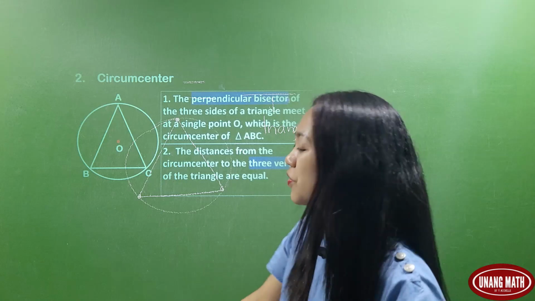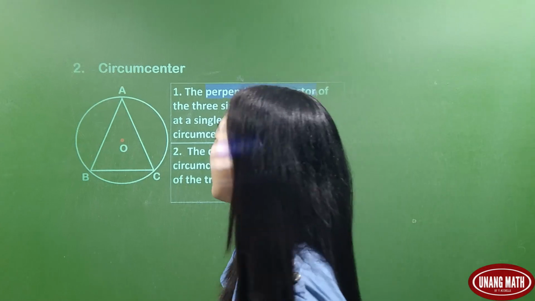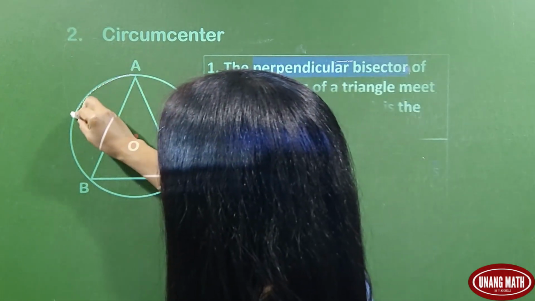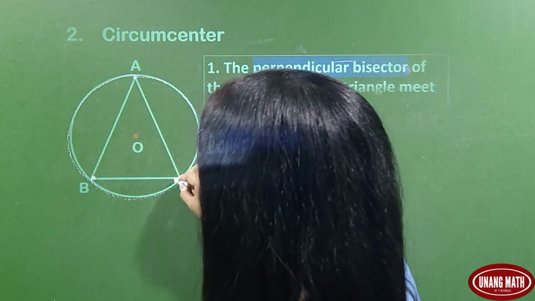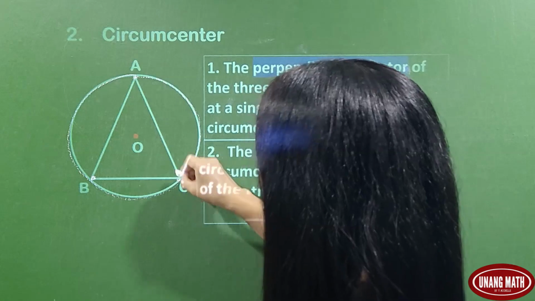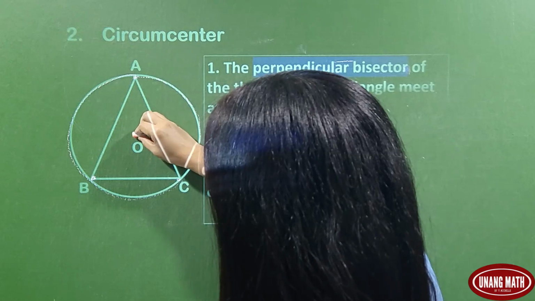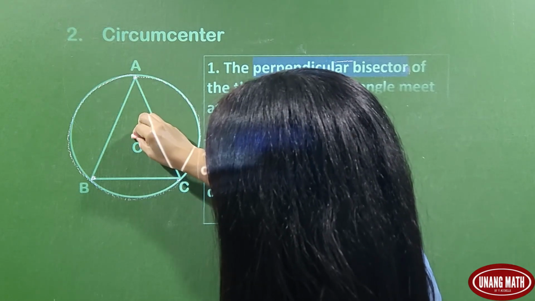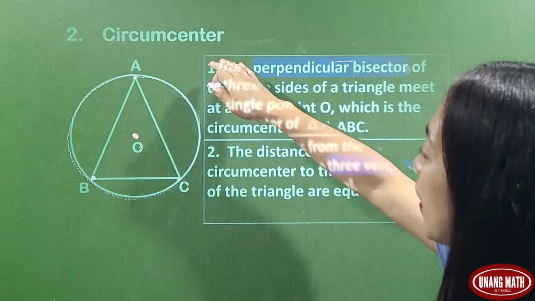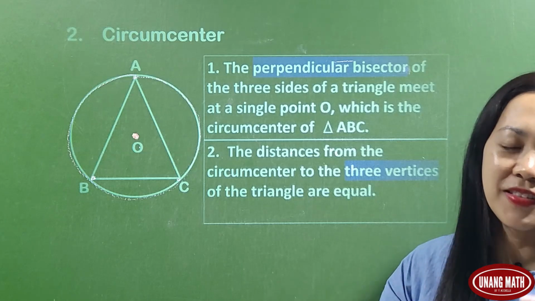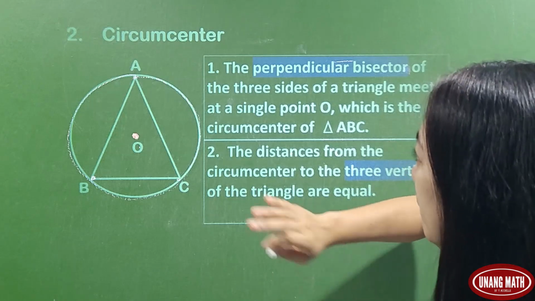Okay, what about circumcenter? In this figure, this is our circumcircle because it passes through all the vertices of this triangle A, B, C. The circumcenter that I am referring to here is this point, point O. Now, there are two important concepts that you have to understand when it comes to circumcenter.